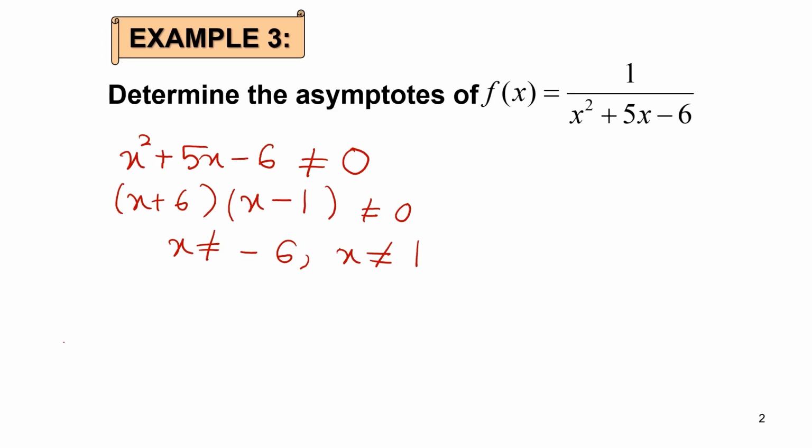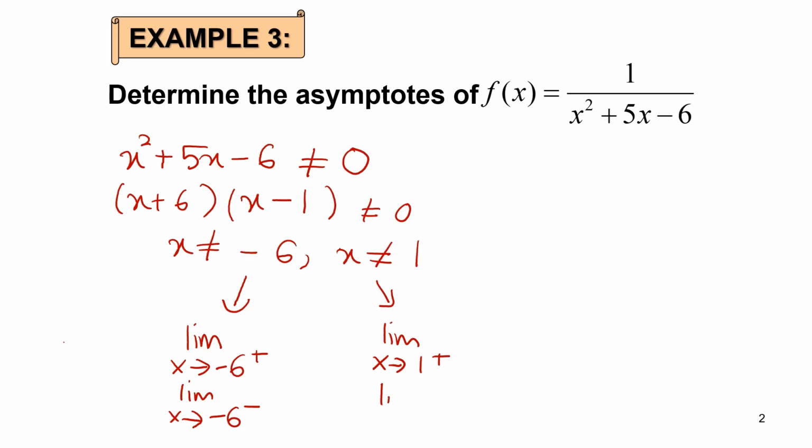Therefore, we need to test the limit as x tends to negative 6 from the right and from the left, and the limit as x tends to 1 from the right and from the left. Now, we need to test the limits to find the vertical asymptotes.